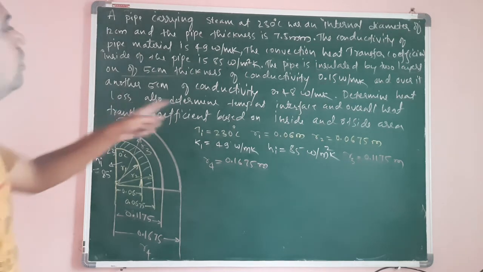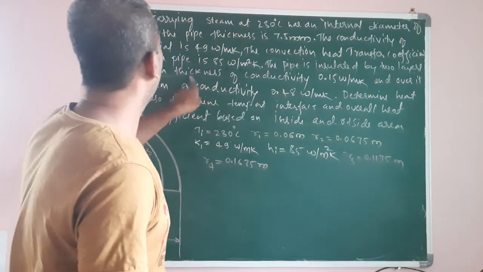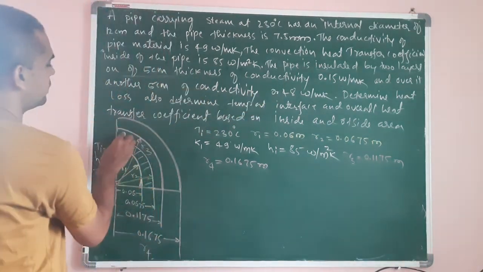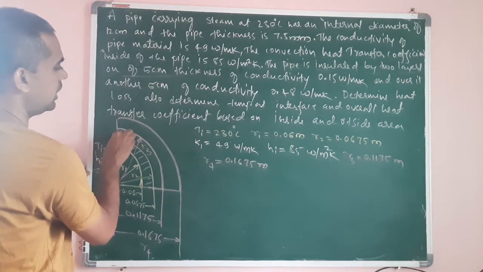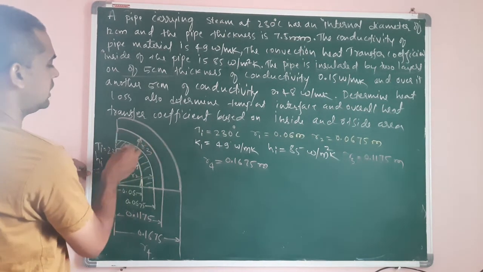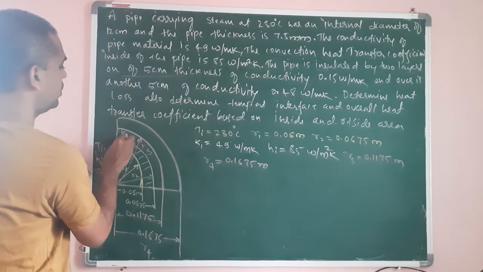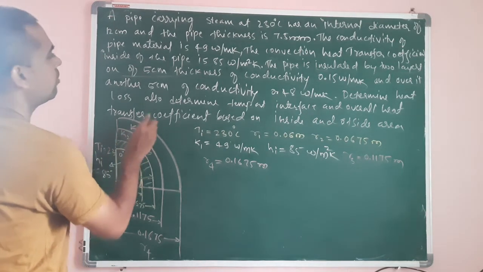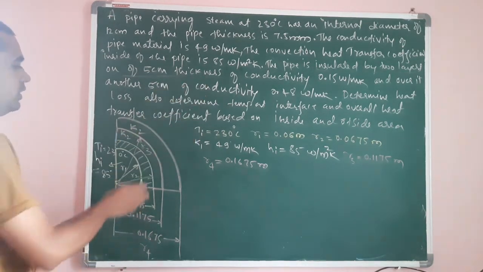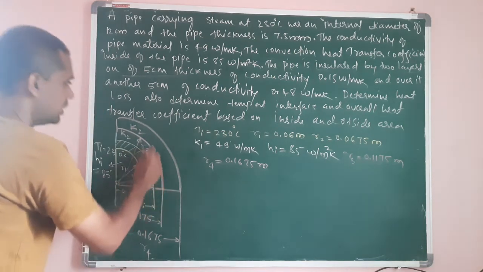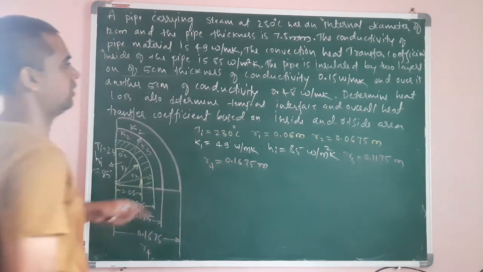Now what is given? The thermal conductivity of this layer: this is K1, this is K2, K3. This is the first layer of insulation, and this one is the second layer of insulation.